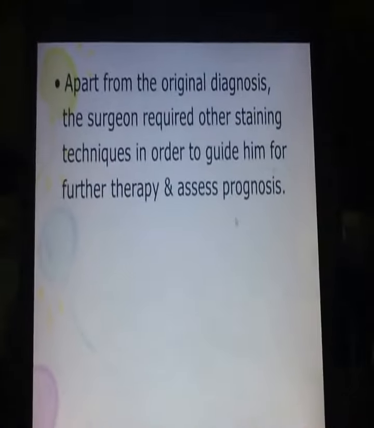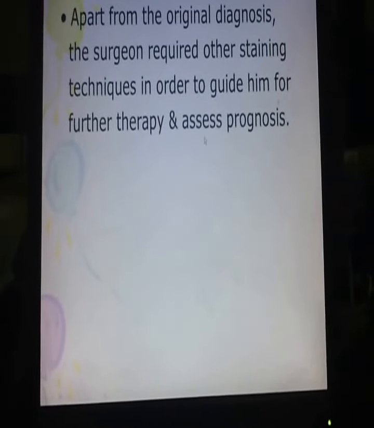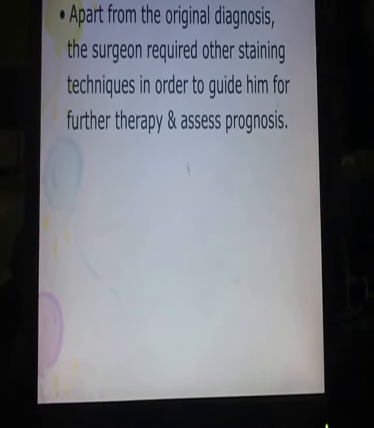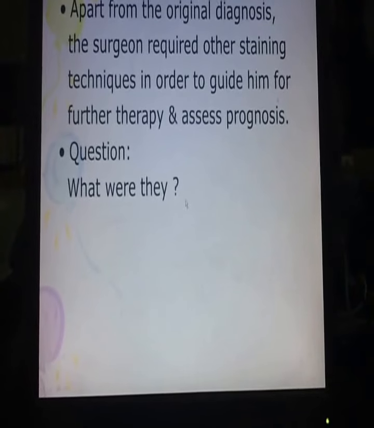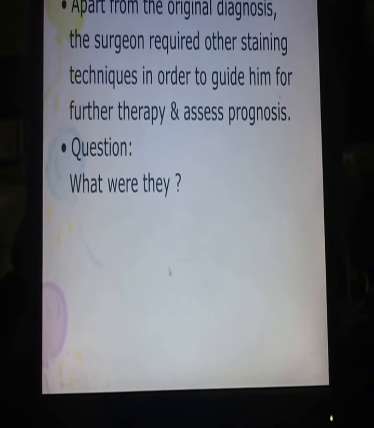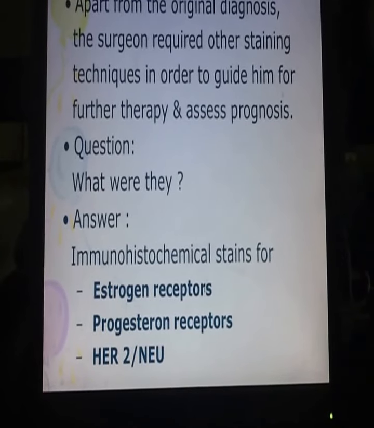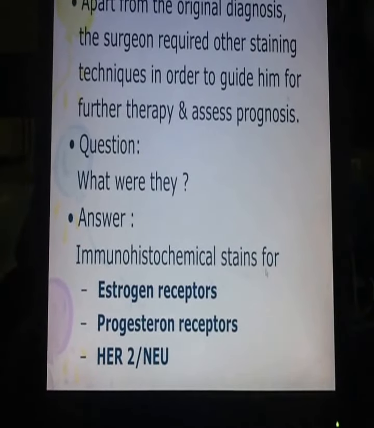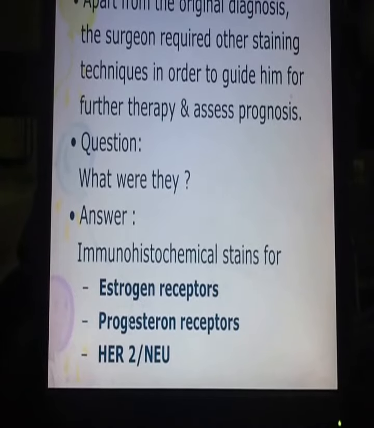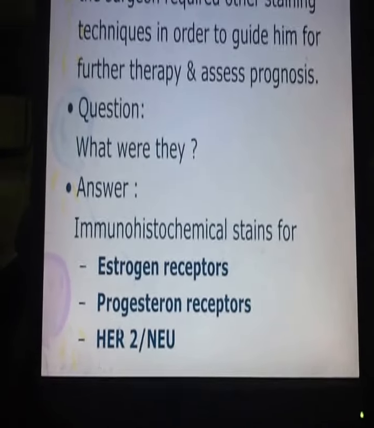So the surgeon had defined a diagnosis, invasive ductal carcinoma of the breast, and he asks for other tests from the pathology department, which are immunohistochemical stains for estrogen receptors, progesterone receptors, and HER2 receptors.